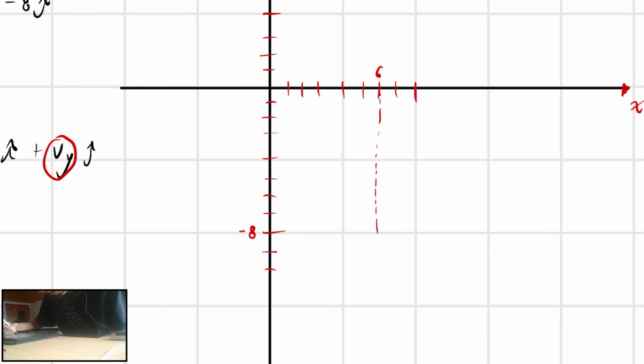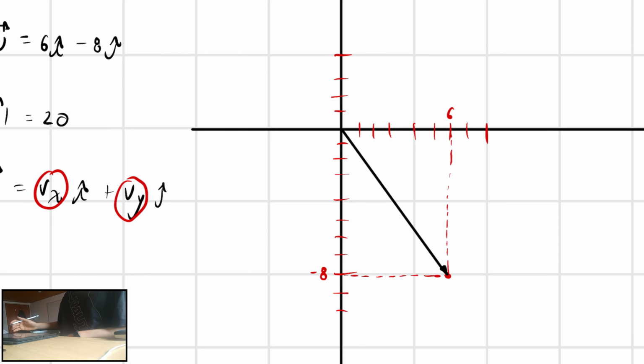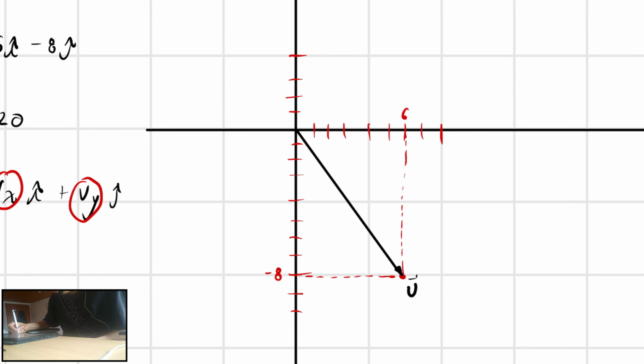That means that the vector that the exercise gave to me will be this one. 6 positive units along the x direction minus 8 units in the j direction, right? So this is u.